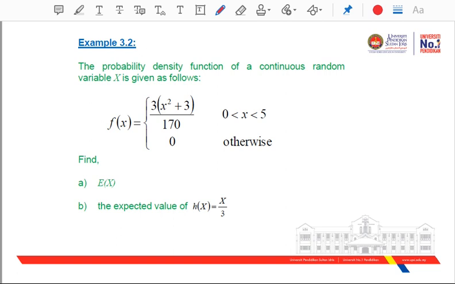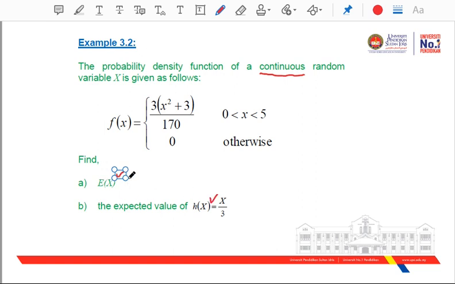So that's for discrete. Let's look at another example, 3.2. The probability density function of a continuous random variable X is given as follows. The question asks you to find the expected value of X and also the expected value of h(X).